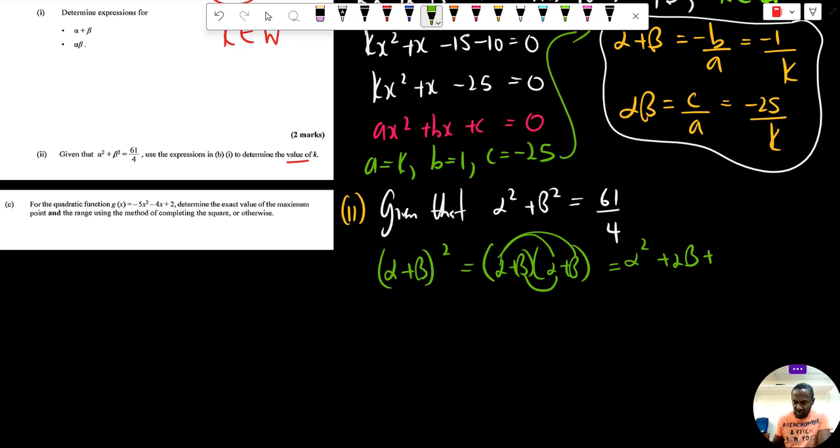Multiplication is commutative, so alpha beta is equal to beta alpha, so we'll just write down alpha beta. And then lastly, beta times beta gives us beta squared.